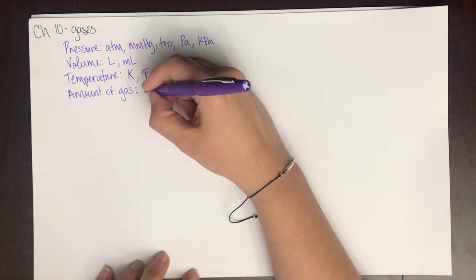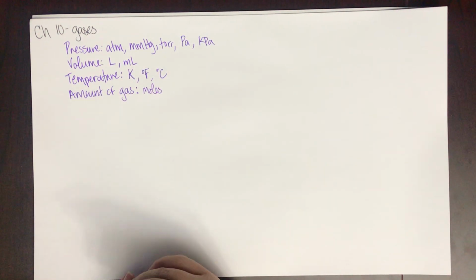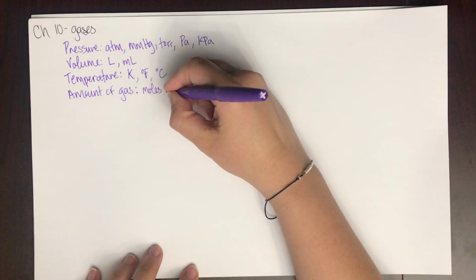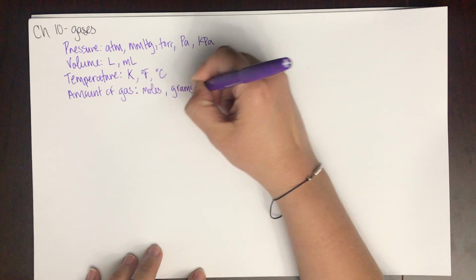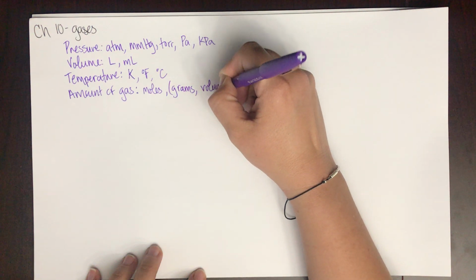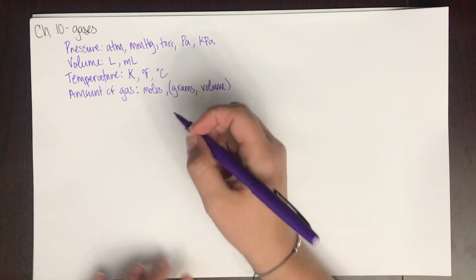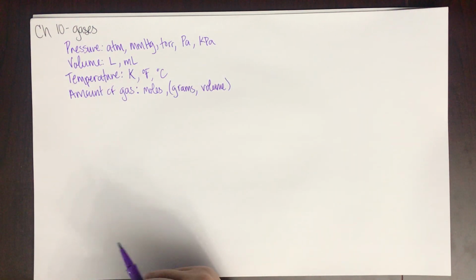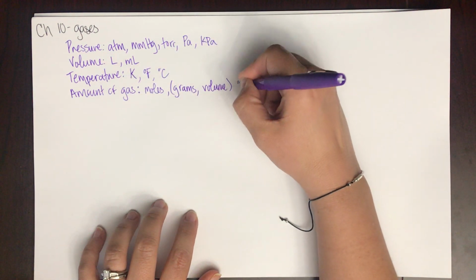Amount of gas will need to be in a unit of moles. Sometimes you're not given the moles of gas, you're given grams, or you might even be given volume, and then you would need to convert from grams or volume into moles. The variable that we use for number of moles is n.